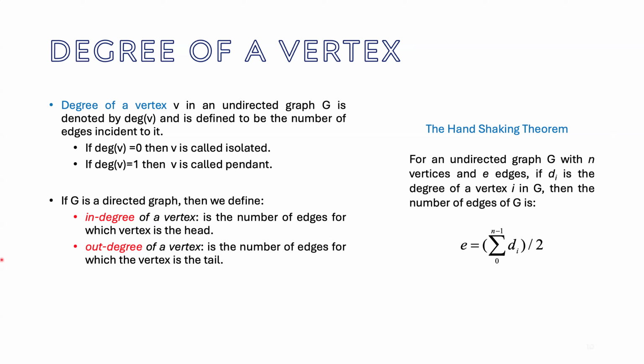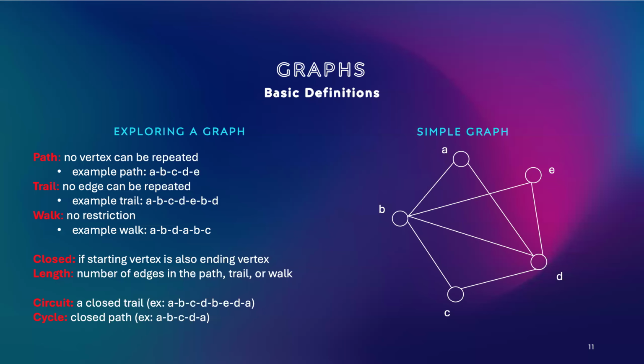We're not going to prove this theorem here, but it is a classical theorem and is definitely worth remembering. So I would like you at least to remember this. And now let's do some more basic definitions because they're important.